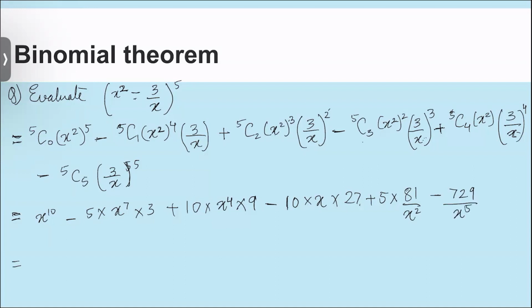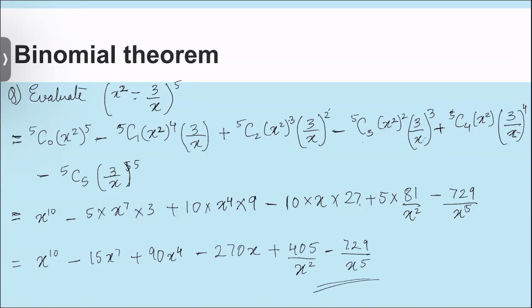Okay, so now you simplify and get this as 15 x raised to 7 plus 90 x raised to 4, and then you will have minus 270x, and then you have plus 81 into 5, 405 by x squared, minus 729 by x raised to 5. Okay, so this is your final answer.